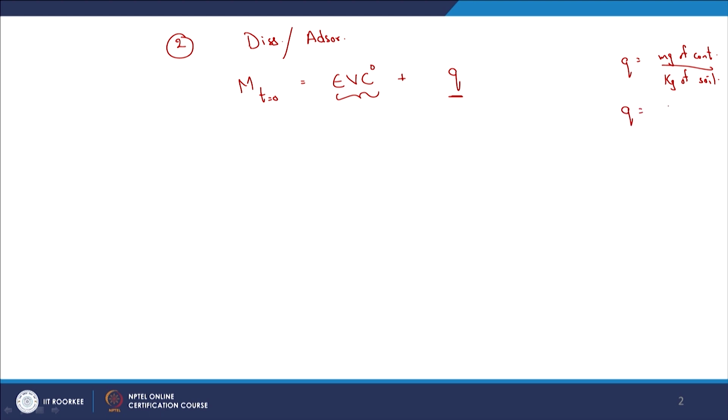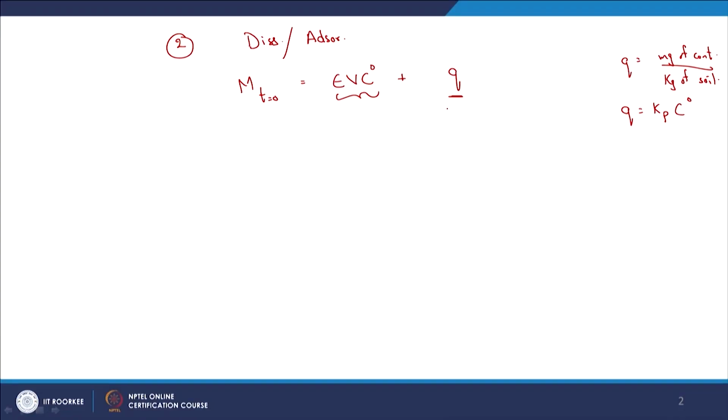Assuming a linear model, and looking at the partitioning coefficient, the ratio of the compound adsorbed onto the soil and the one in the dissolved phase, which is C naught here, there is going to be a relationship. Here I'm going to assume it's linear, and the relevant coefficient is the partitioning coefficient Kp.